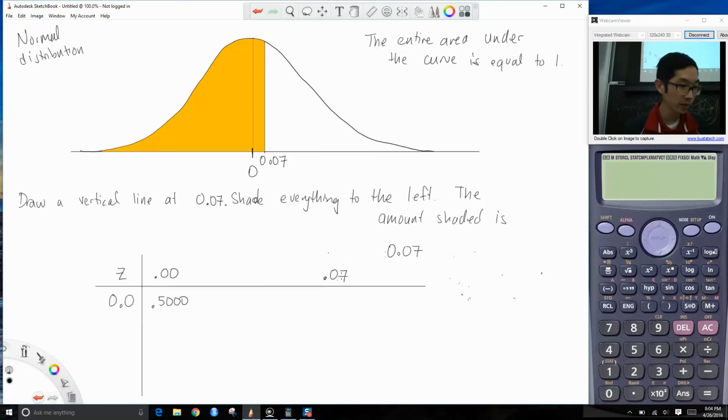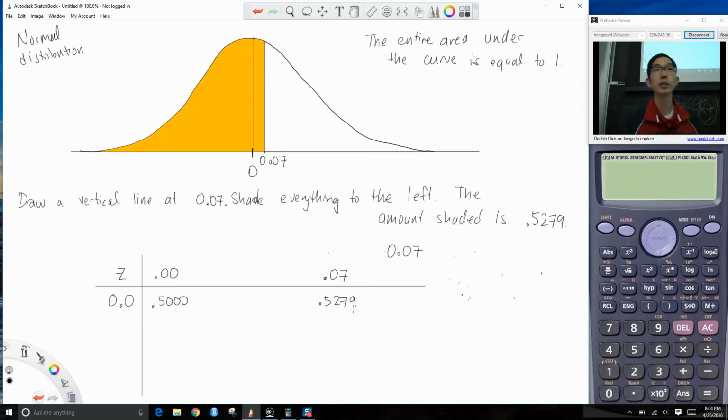And what is the value that it says there? 0.5279. So the amount shaded is 0.5279, which makes sense, right? Because before, when I drew a vertical line at 0, I had 0.5. Now that I've moved just a tiny bit over to the right, I've added a little bit more. And so now the amount I have shaded is 0.5279.